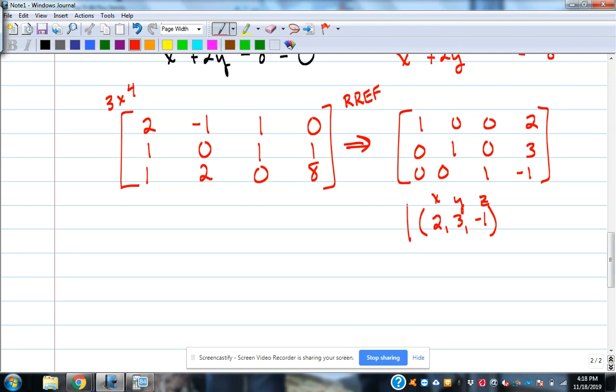Top row gets you x, second row gets you y, third row gets you z. If you had a 4-variable system, you should have a 4x5 matrix, and you would have 4 answers there. Each row being, top row being w, second row x, third row y, last row z. But it's just really straightforward in how to get that solution there.